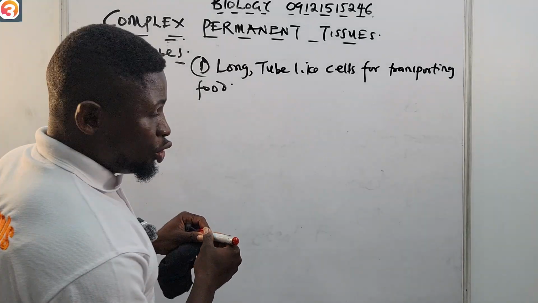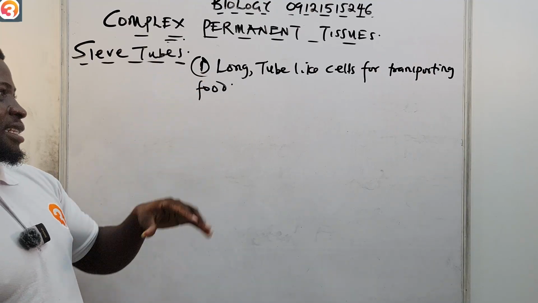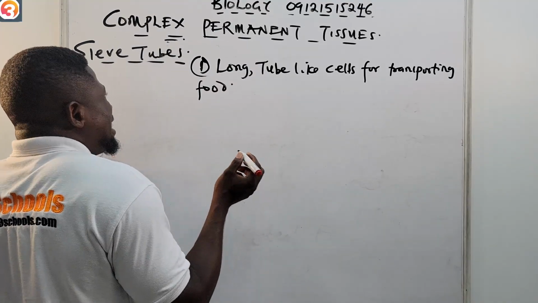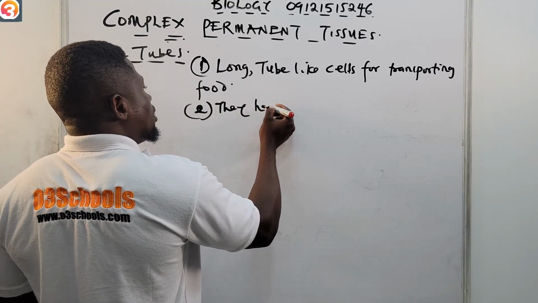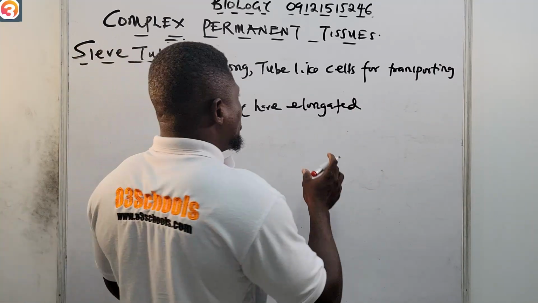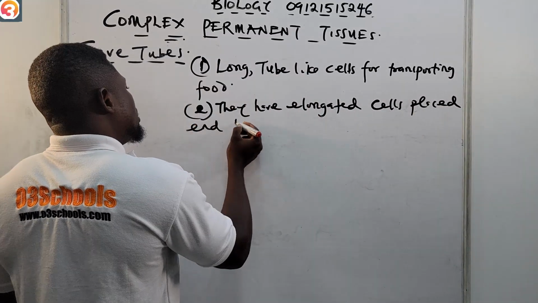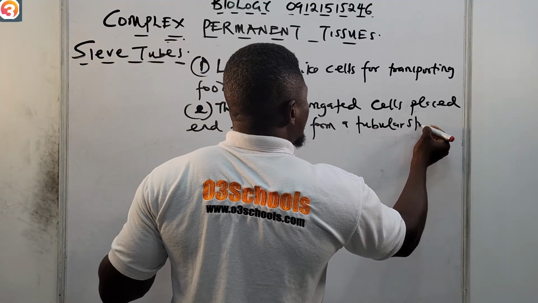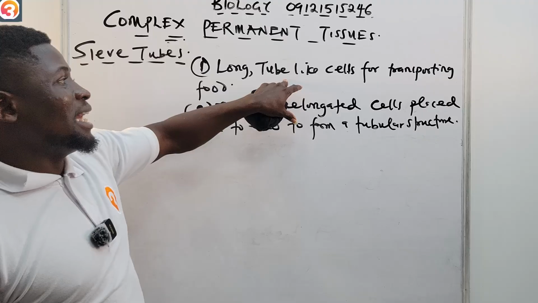So the sieve tubes, which are a component of the phloem, have long tube-like cells for transporting food.